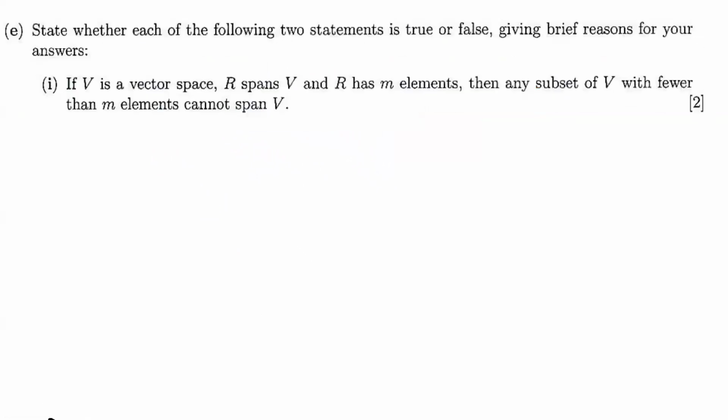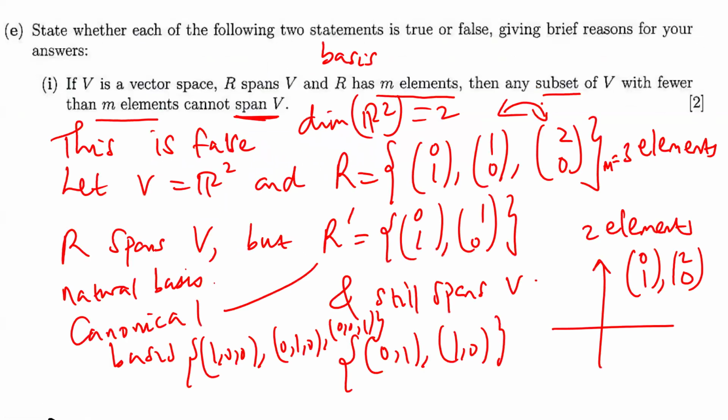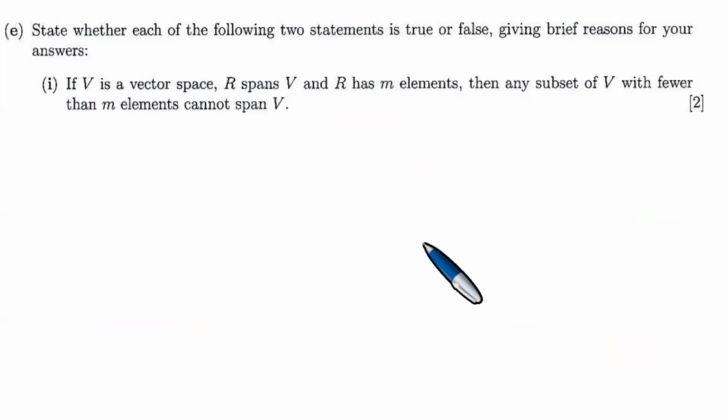In our counterexample, R spans V and has M elements, in which case this R has 3 elements, but it is not linearly independent. Linearly independent would mean you need the correct number. In R2, linearly independent would need 2 vectors because of the dimension of the vector space R2.